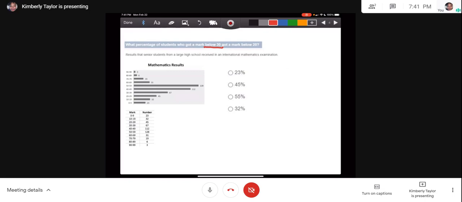If I look at our chart, less than 30, I have 45 students plus 32 students plus 23.